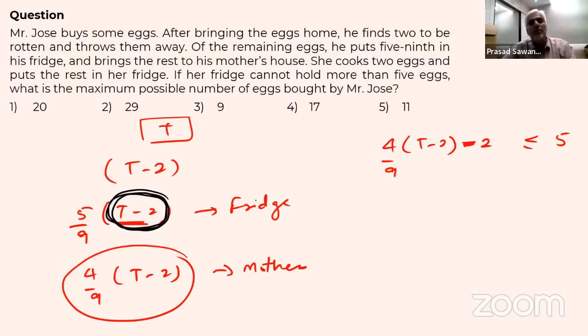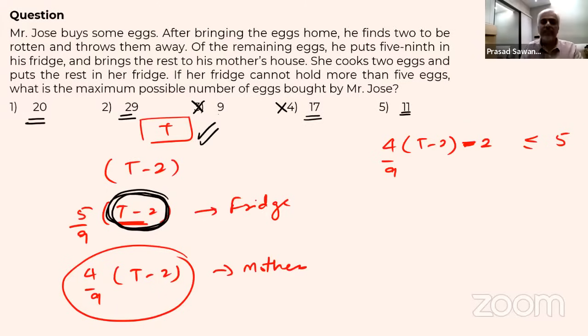If I go via the options, option minus 2 has to be a multiple of 9. 20 minus 2 is 18, so this is possible. 29 minus 2 is 27, possible. 9 minus 2 is 7, not possible. 17 minus 2, 15, not possible. 11 minus 2, 9, possible.